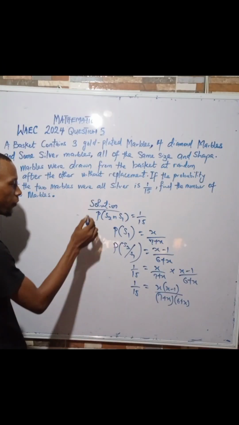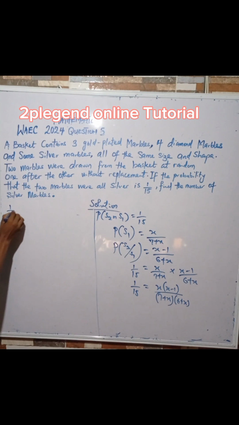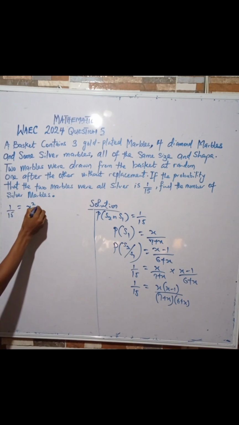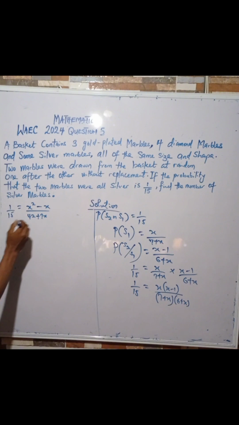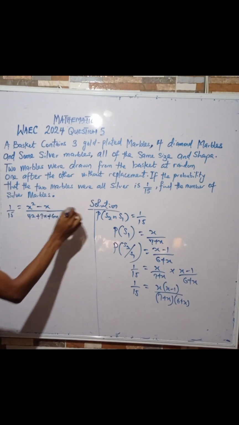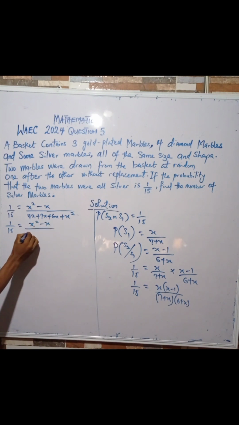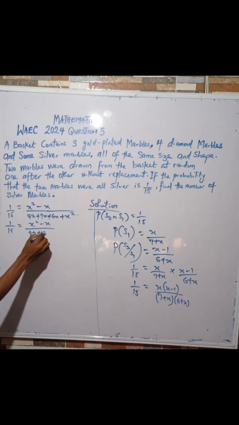We can easily provide the solution as 1/15 equals x squared minus x over 42 plus 7x plus 6x plus x squared. So we can resolve this a little as x squared minus x over 42 plus 13x plus x squared.